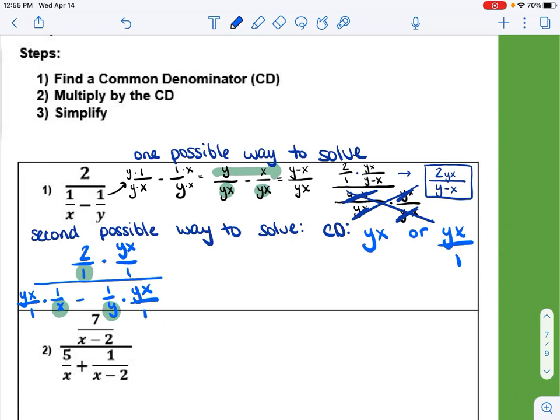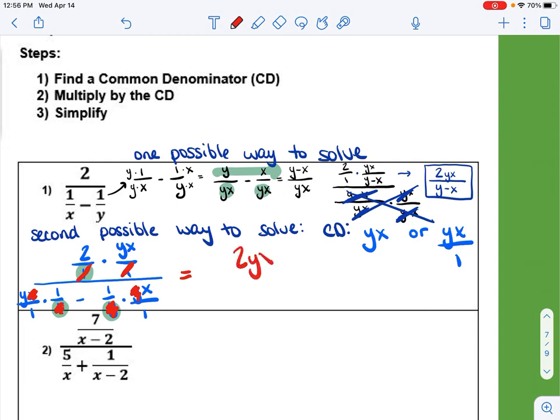From here, we have set it up that we will have things that cancel out. So in this case, let me put it in red, we have the x's cancel out here. We have the y's that cancel out here. And the numerator, since this was just a 1, we don't even need to necessarily have those guys there. I just put them there to distinguish that. You can go ahead and just multiply straight across now.